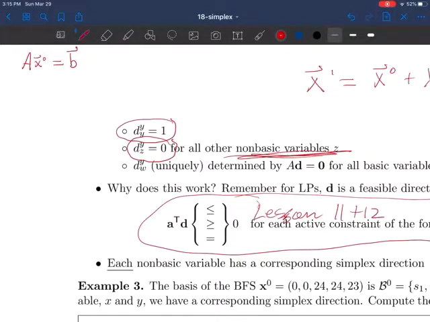In other words, Ax0 equals the b vector. We're going to move to x1, which is equal to x0 plus lambda d of y. We don't know what lambda is, and we'll worry about that next time, but we do know that Ax1 equals b must also be true.